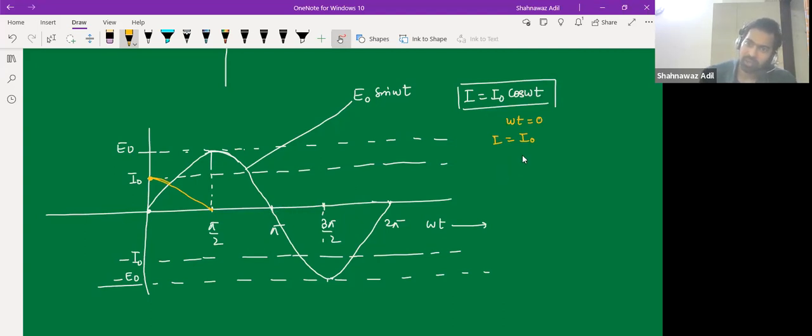So at omega t equal to pi, I would be I naught cos pi. So cos pi is how much, guys?